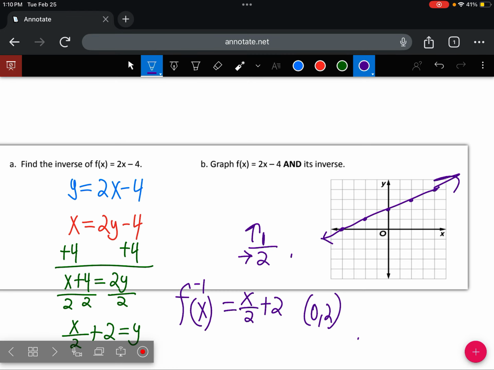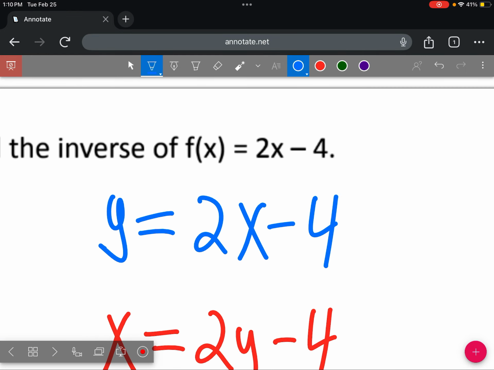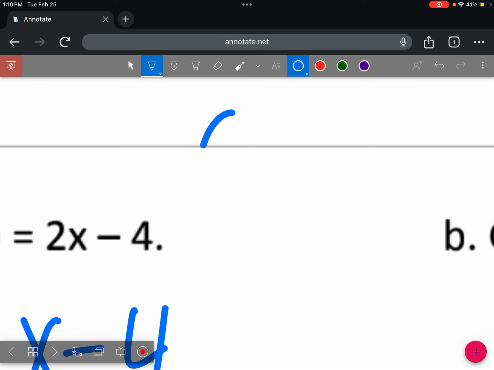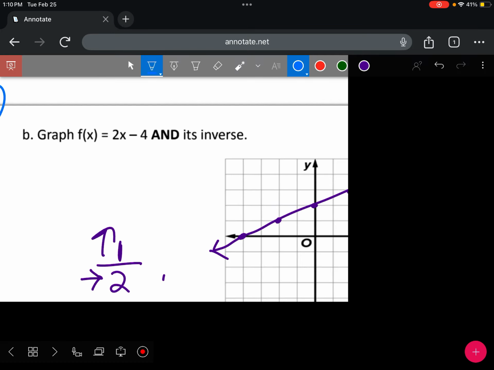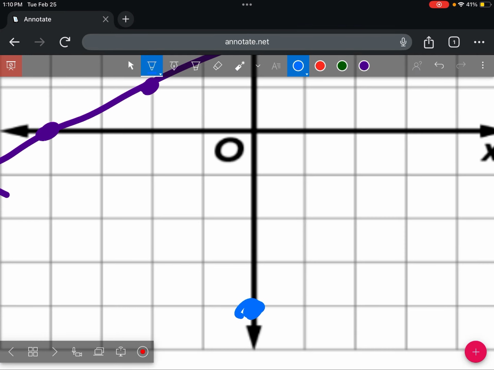All right. We also want to graph this guy. Where do we start for that one? Braylon, 0, comma what? -4. 0, comma -4. All right. And then what is our slope for that one, Hannah?